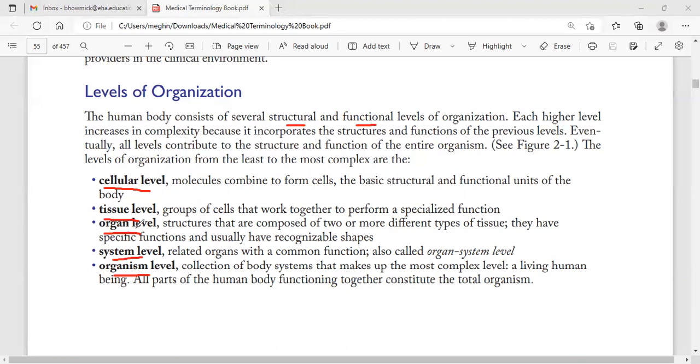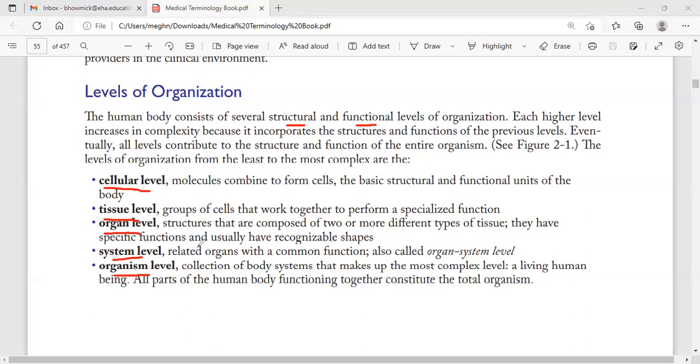Organ level, they said, the structures that are composed of two or more different types of tissue, they have specific functions and usually have a recognizable shape.